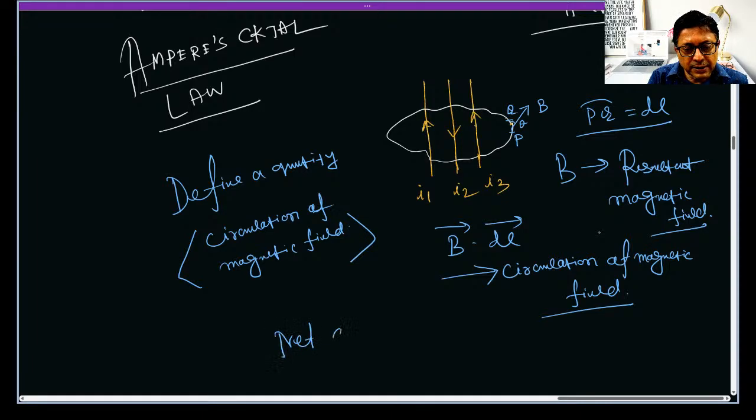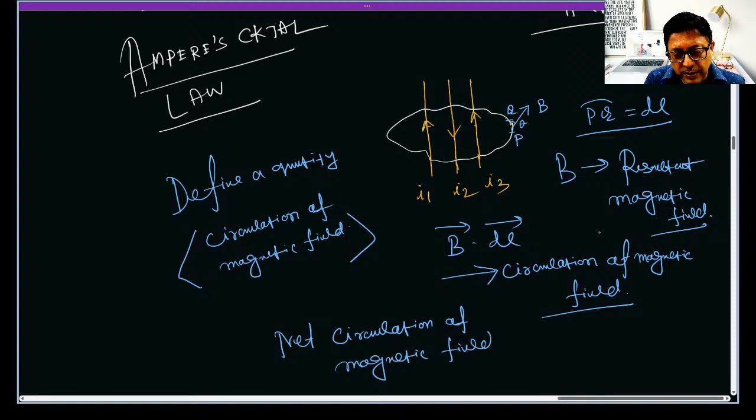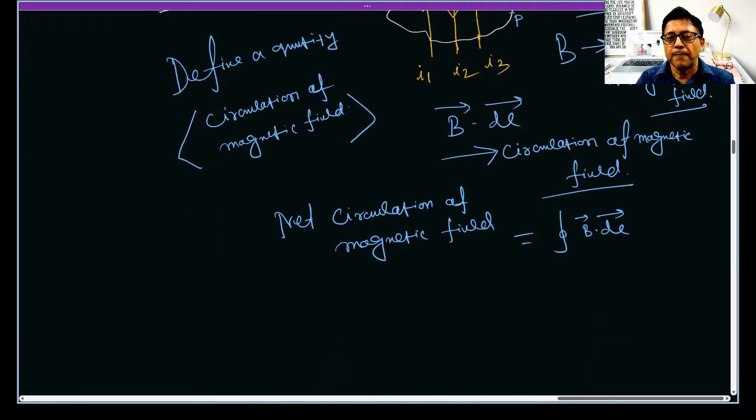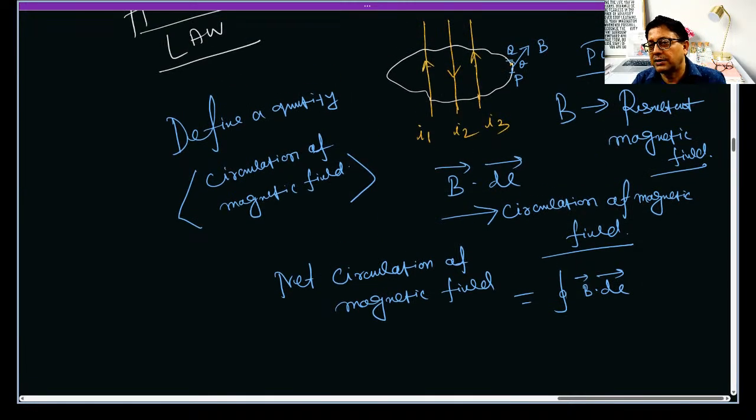We define the net circulation of magnetic field, which is nothing but this loop integral of B dot dl. Okay, net circulation of magnetic field is B dot dl, summing all those things.